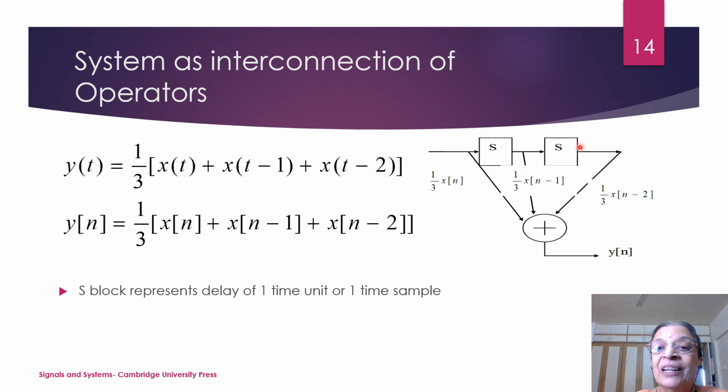Again apply a delay of one time unit, so you get x[n-2], again multiplied by 1/3, and add up all these to generate y[n]. So this becomes the system block schematic to generate y[n]. Here S represents a block which is a delay of one time unit, or one time sample in the case of discrete time systems.